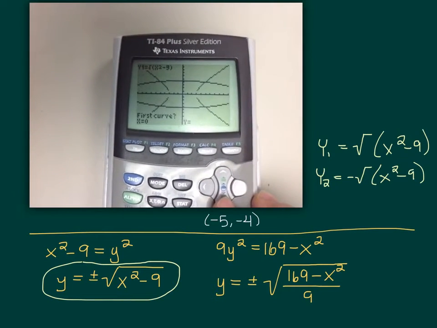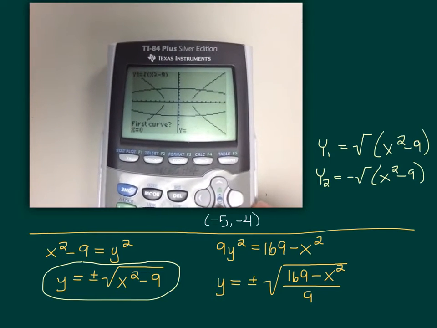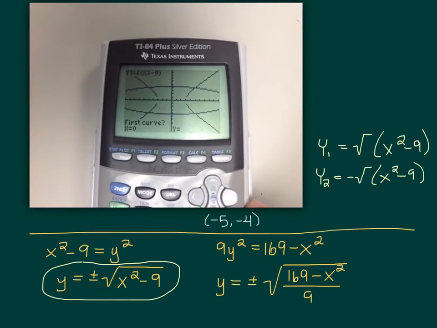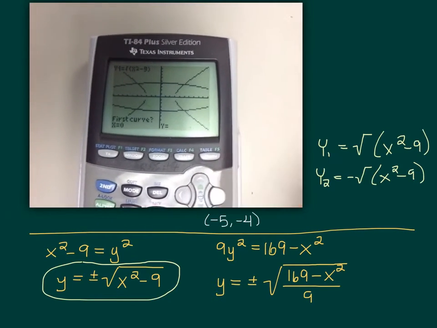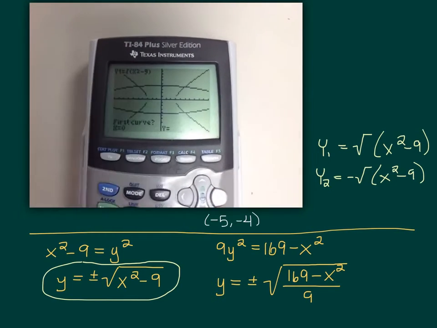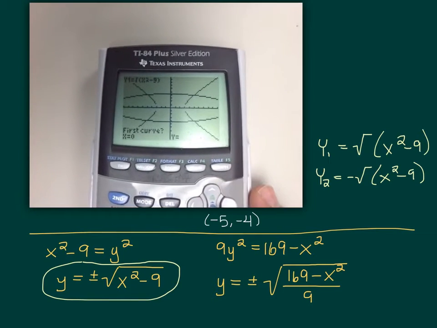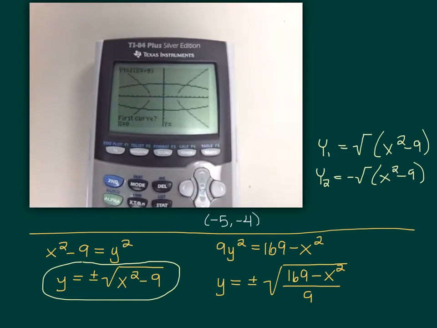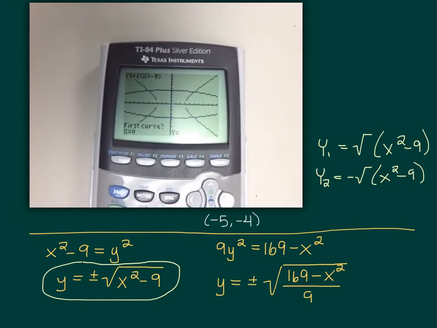When you calculate the intersections, things can get a little bit dicey because we have 4 points that we need to find. We have 4 graphs that we need to find the intersection of. So up in the top left corner, you can see it's asking for the first one, square root of x squared minus 9. And that is the graph here. So push enter.